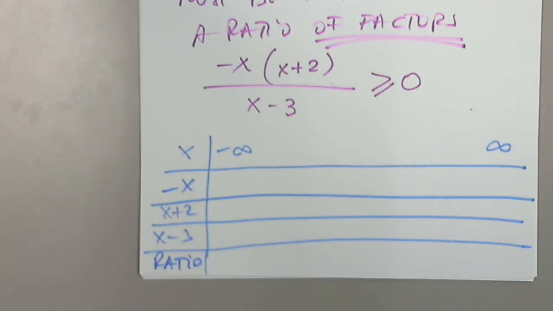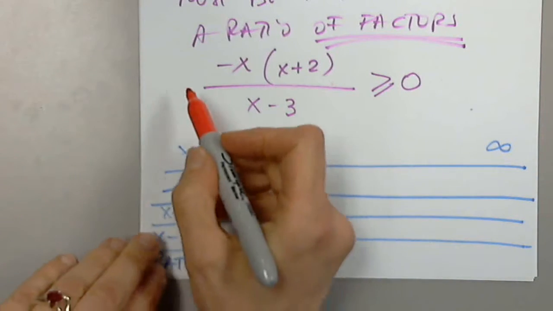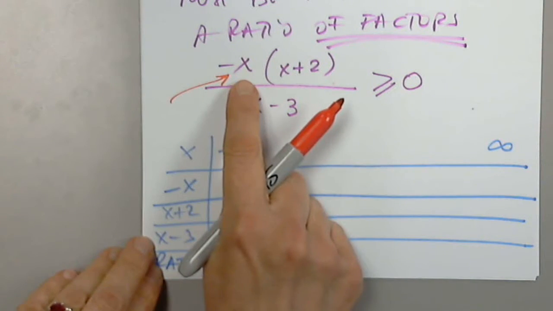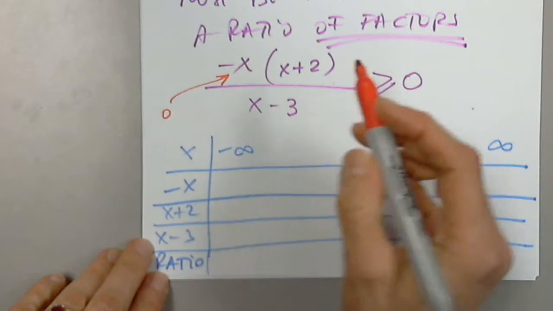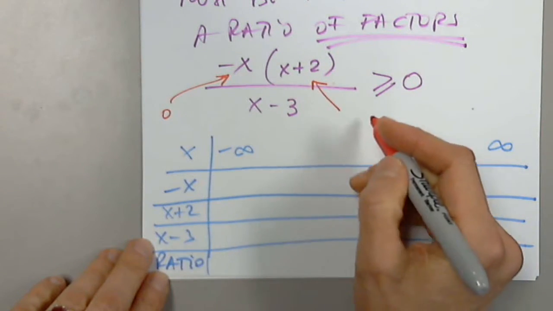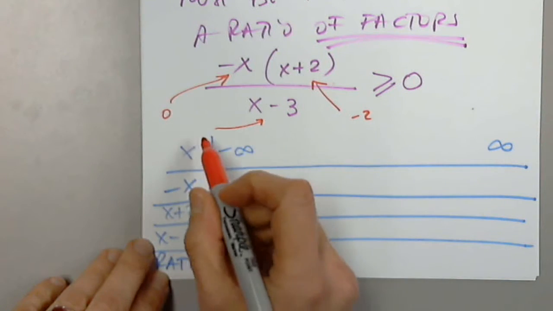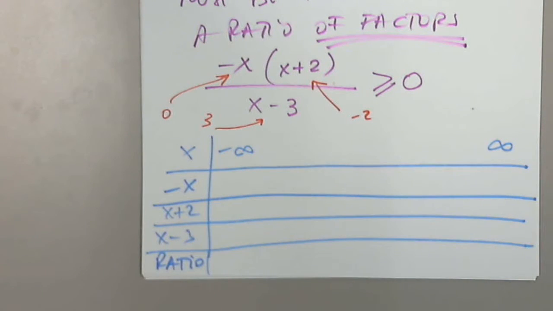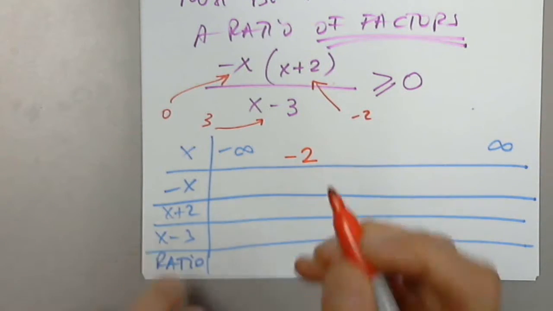Good. So which number will you give me to put in the chart for this factor? 0. Which number will you give me to put in the chart for this factor? And which one for this factor? I need them in the correct order from negative infinity to infinity. Good?